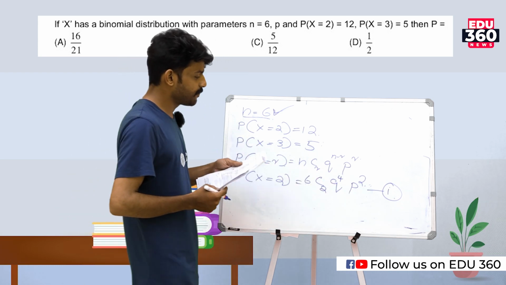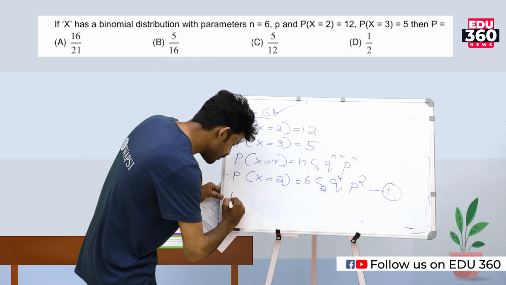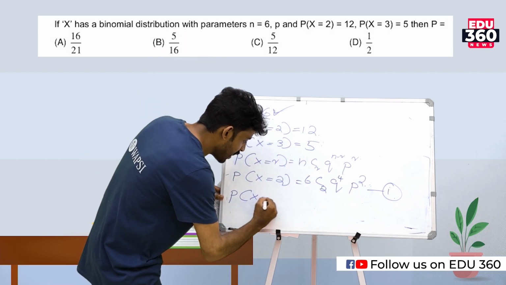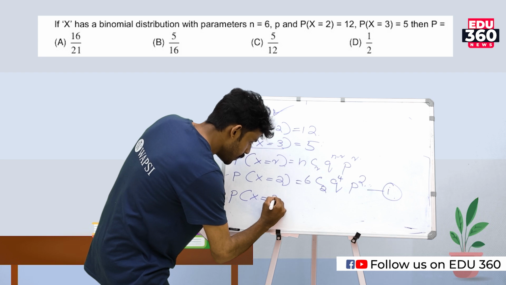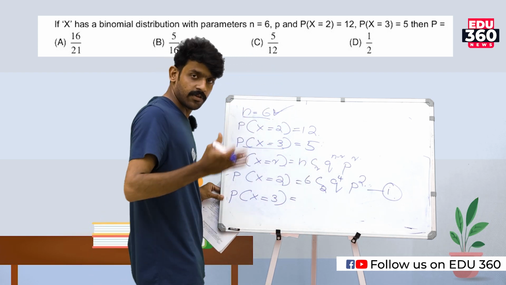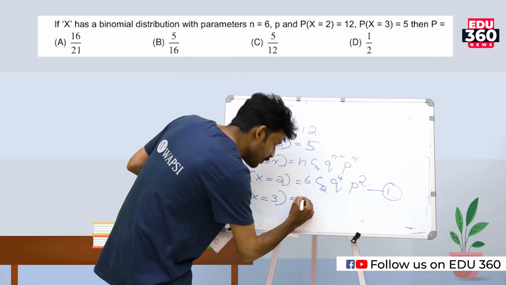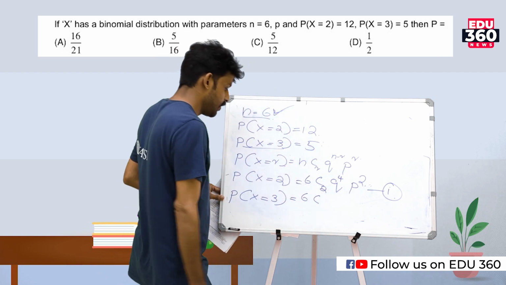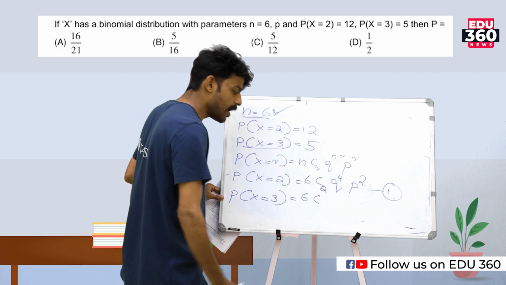And for the next one, P of X is equal to 3. So nCr, here also the value of n is equal to 6. So 6C, what is the value of r here? r is equal to 3.